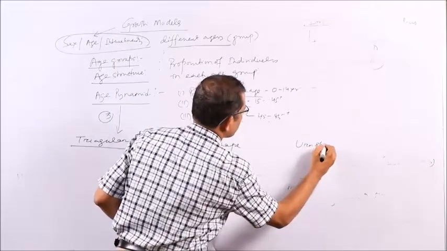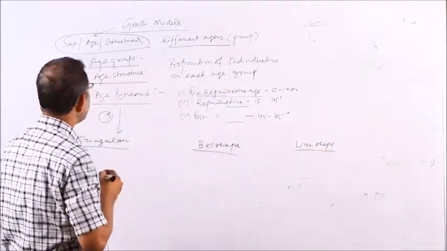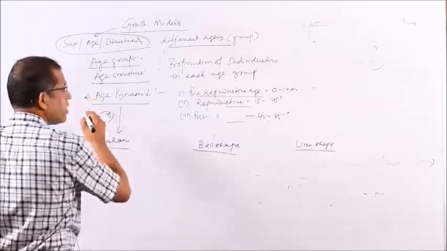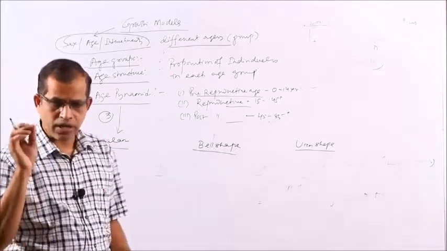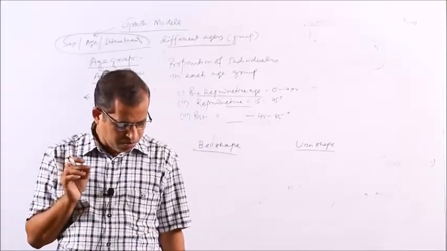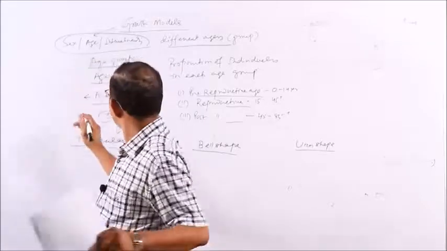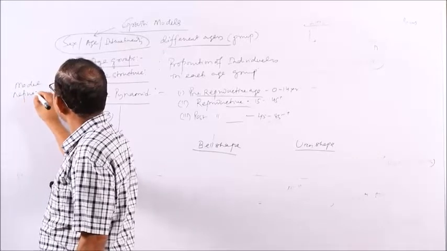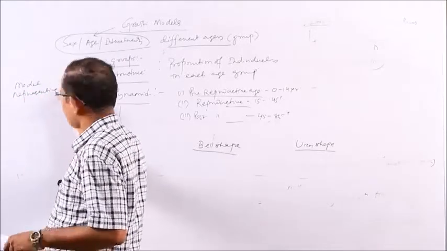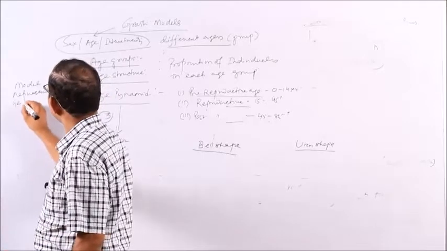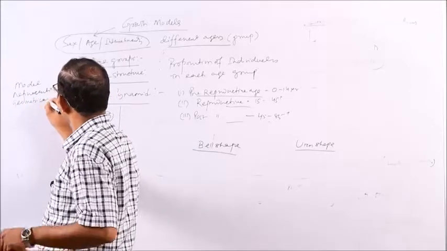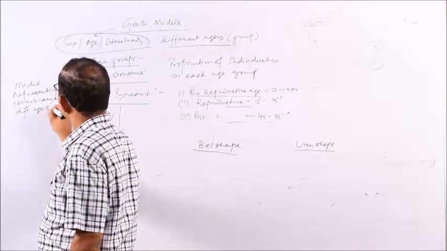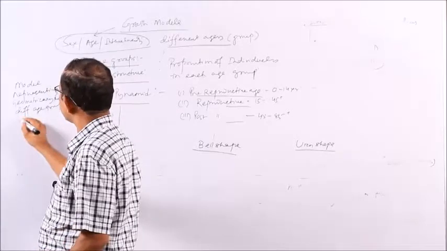Sometimes the definition of age pyramid comes in the exam, so you can write it down: the model representing geometrically the different age groups in a population.